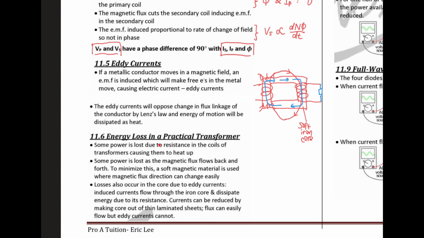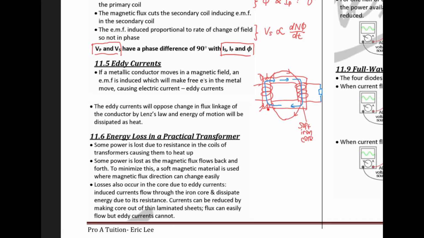Some power is lost due to resistance in the coils of the transformer, causing them to heat up. Like the primary current wants to enter here, but the coil has resistance, and then energy is lost as heat. Some power is lost as the magnetic flux flows back and forth. Imagine the primary coil forms a magnetic field.